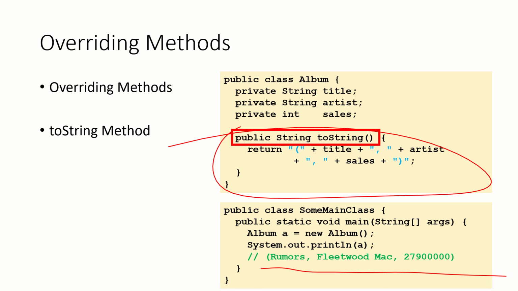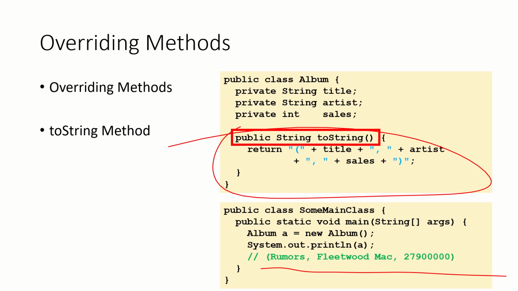But with overriding, we only have one. We try to rewrite the existing one based on the requirement. Why? Because all classes inherit from the class Object.